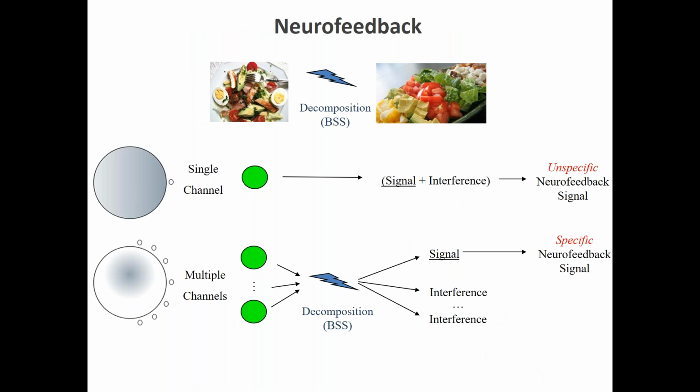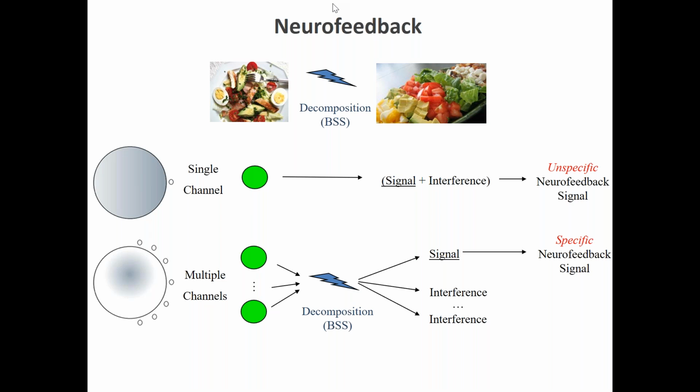And finally, which is the most important, I think, for most of you, those methods can be used for neurofeedback. Okay, so this is very important. In what way? Well, remember that what we want to do by means of blind source separation is to decompose the signal, just like separating the ingredients of our salads.